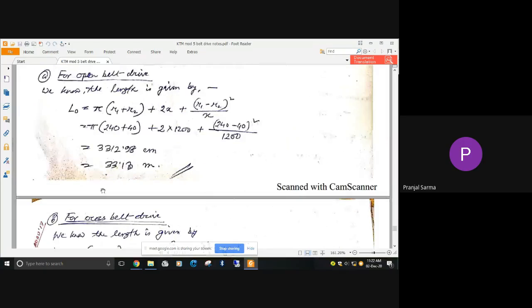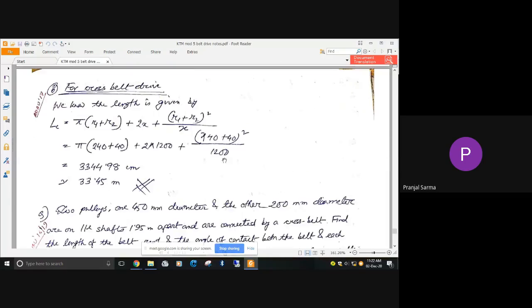In case of open belting, considering the similar situation about the center distance and the dimensions of the pulleys, we obtained the length of the open belting as 33.13 meter, whereas for cross belting, for the same case, we obtained approximately 33.45 meter as the required length of the belt. That means generally the length of the belt in case of cross belting is somewhat more because of that arrangement itself.